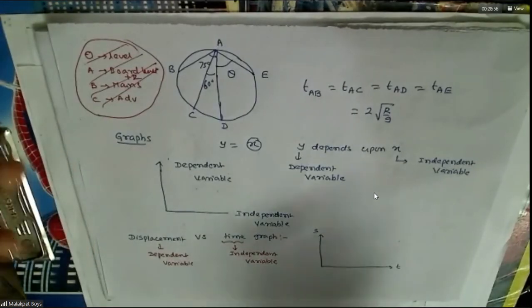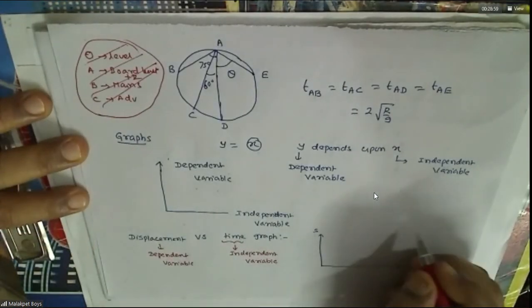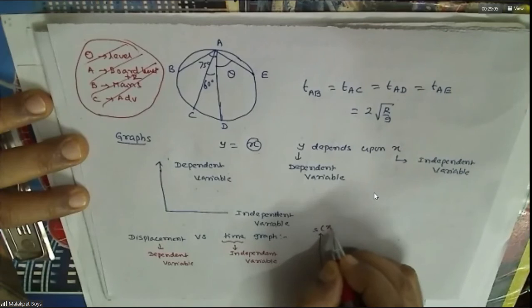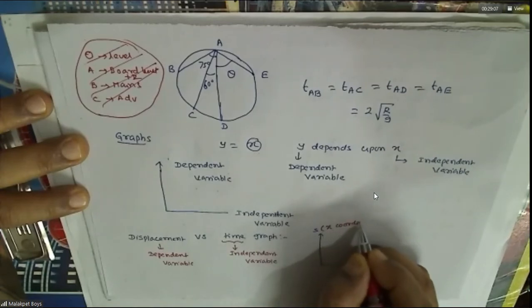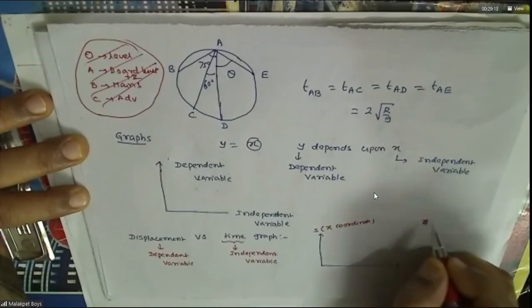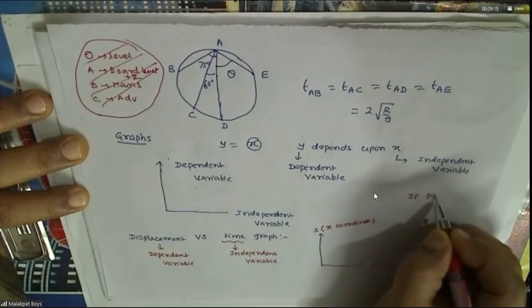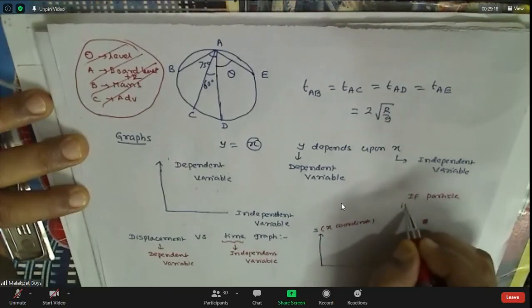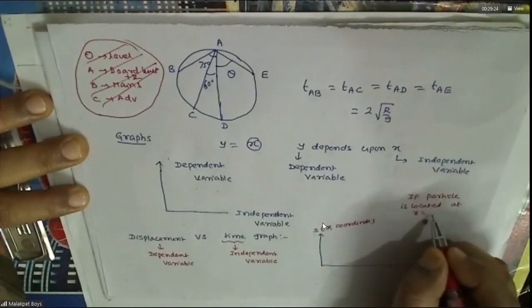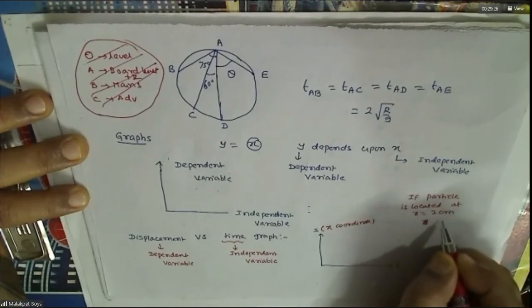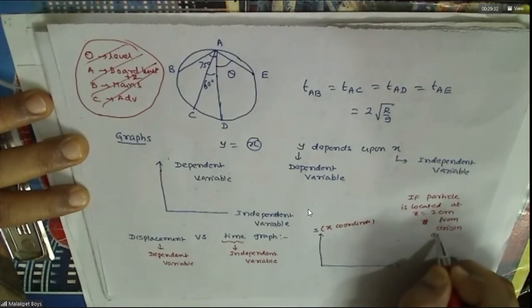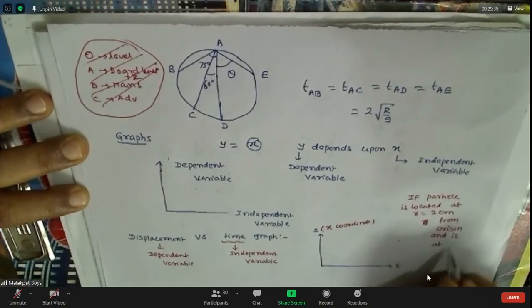Suppose the particle position is constant. For example, this is the x position, the x coordinate. Suppose the particle is located at some distance from the origin and is at rest.